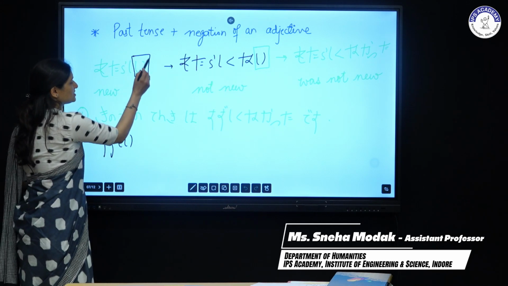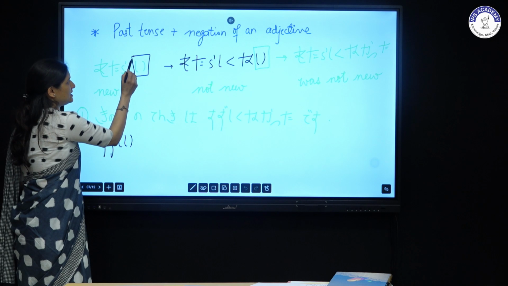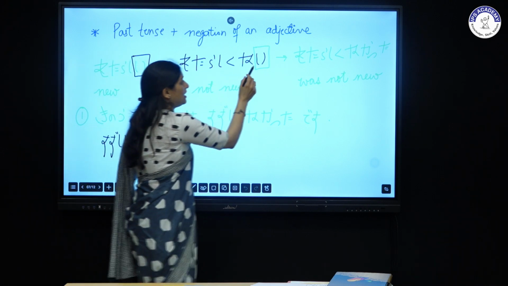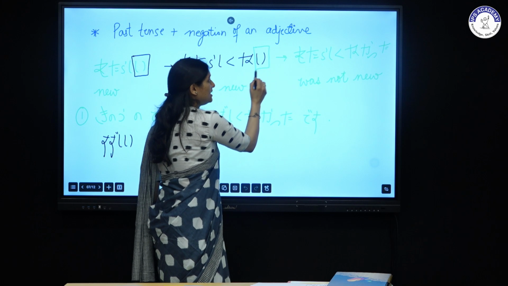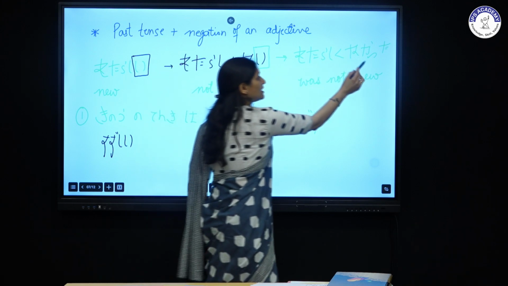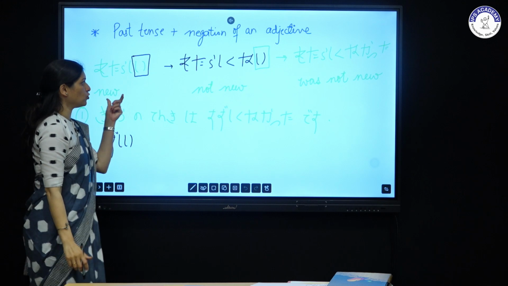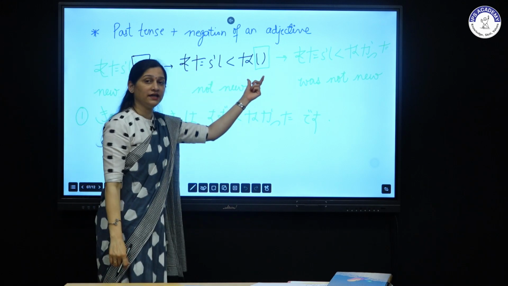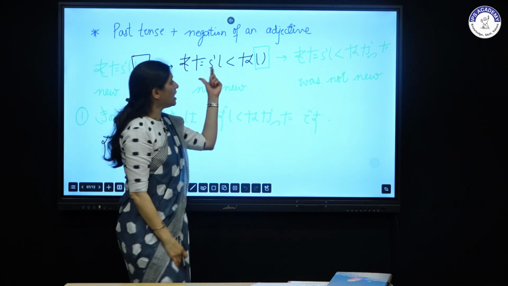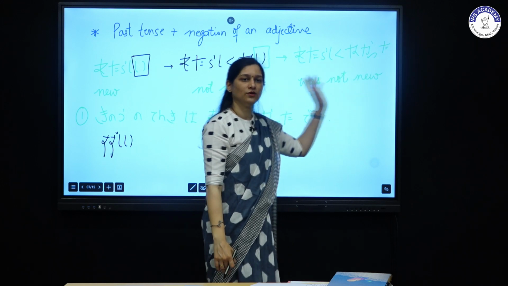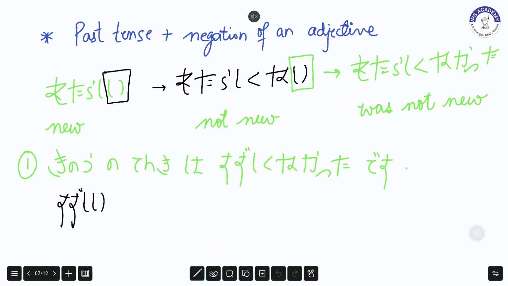For i ending adjectives, replace i with kunai. And then again we have to replace i of kunai with katta. So atarashii means new. Atarashikunai, not new. Atarashikunakatta was not new.